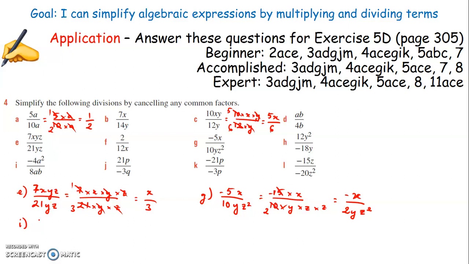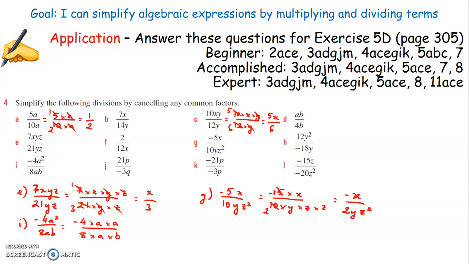Now for I, we have negative 4a squared over 8ab. Rewriting this, we have negative 4 times a over 8 times a times b. What number can go into negative 4 and 8?